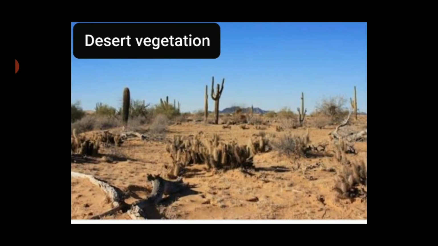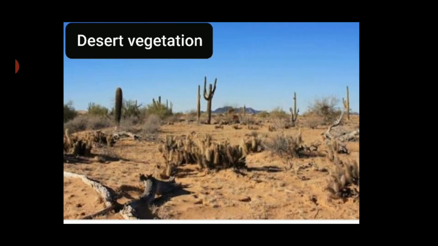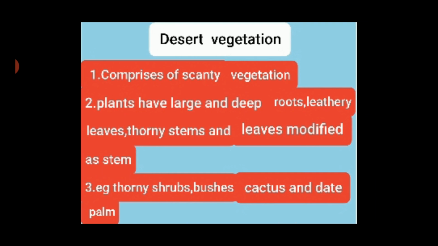Now let's see the desert vegetation. It comprises scanty vegetation. That means the vegetation is less due to less rainfall. Number two, the plants have large and deep roots, leathery leaves, thorny stems and leaves modified as stems.